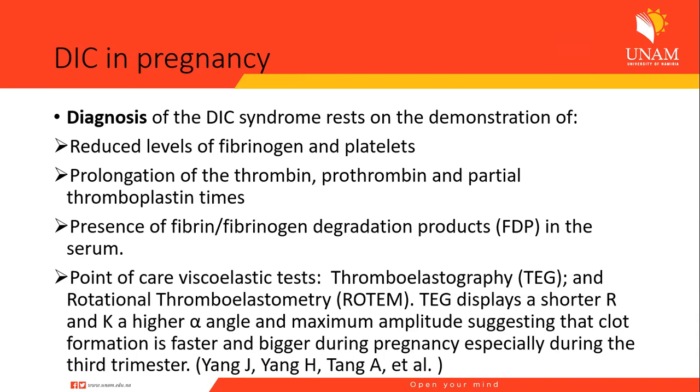Point of care is important because a lot of times these other coagulation tests may not be specific, but point of care viscoelastic tests have been found to correlate very well with DIC developing in pregnancy.